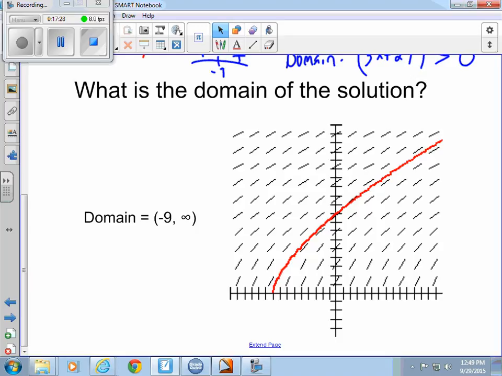If this is a solution, I don't know where it would pick back up over here, with that asymptote at -9. Maybe it picks back up down here, maybe it picks up here. I don't know because my point didn't go through that. So we can only use the slopes that go through our point, 0, 9. That's the only one that we can use to get a particular solution.